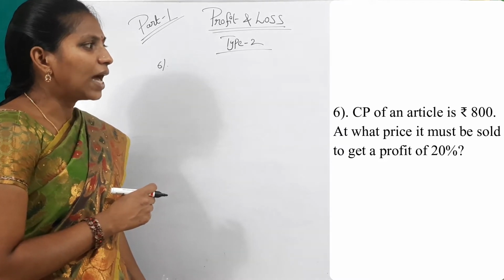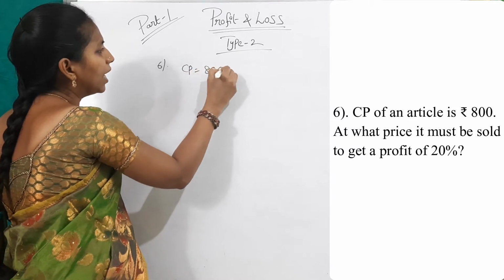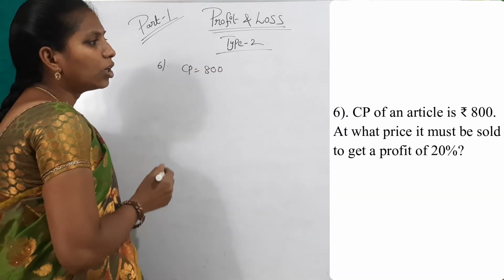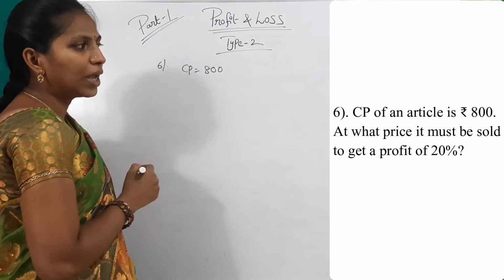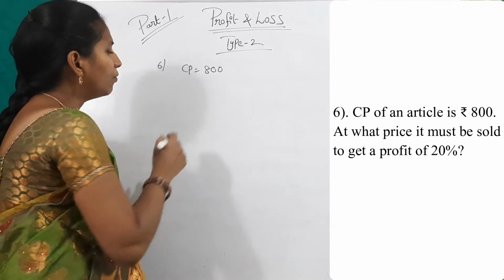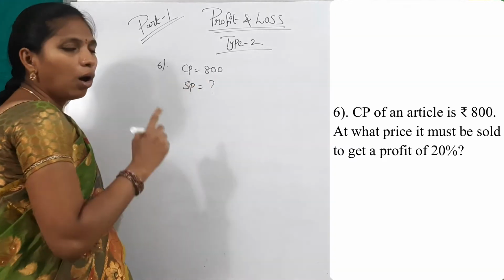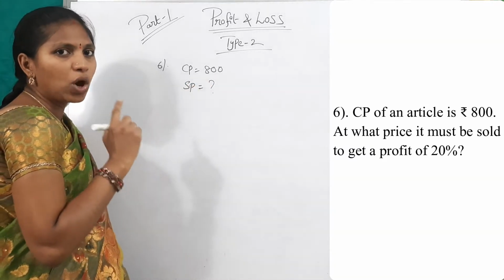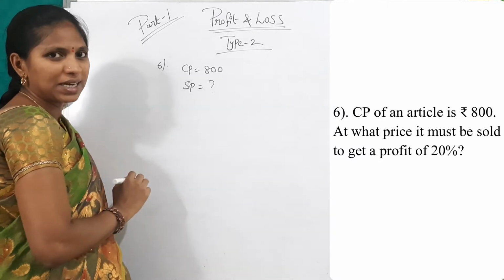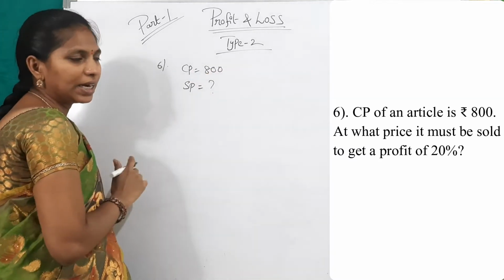Cost price of an article is 800 rupees. CP equal to 800 rupees. At what price it must be sold to get a profit of 20%? We have to find out the selling price. Always take CP, cost price equal to 100%. Here 100% is equal to 800.